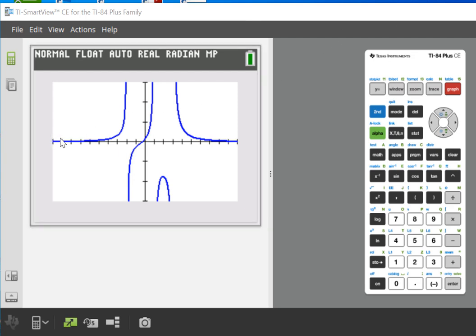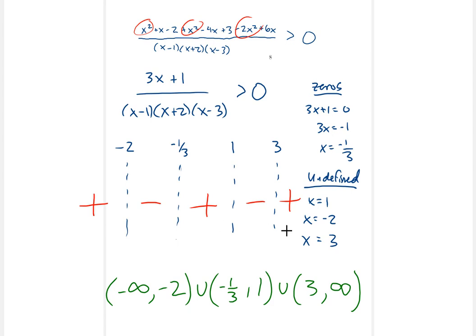So negative infinity to negative 2, we're looking positive, right? There's negative 2. And then from negative 1/3 to 1, we're positive. And then from 3 off to infinity, we're positive. So the graph is confirming for us what it is that we got using this sign chart.